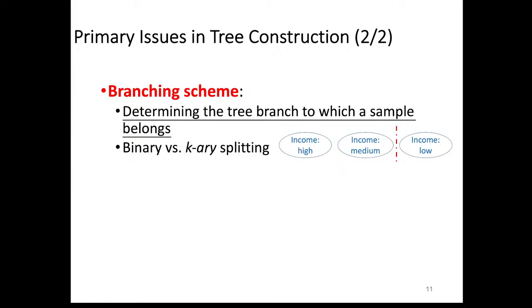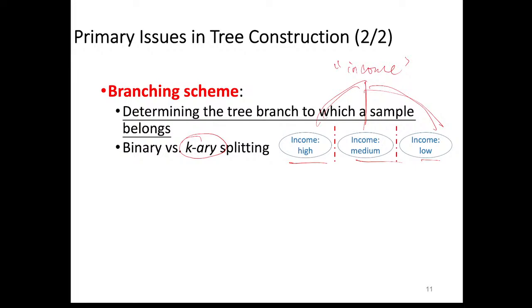And how to split a tree? Certain decision tree algorithms allow trinary splitting. When we say income can be high, medium, or low, this is a trinary split. In certain decision tree algorithms, they allow only binary splits. They don't allow this trinary split.